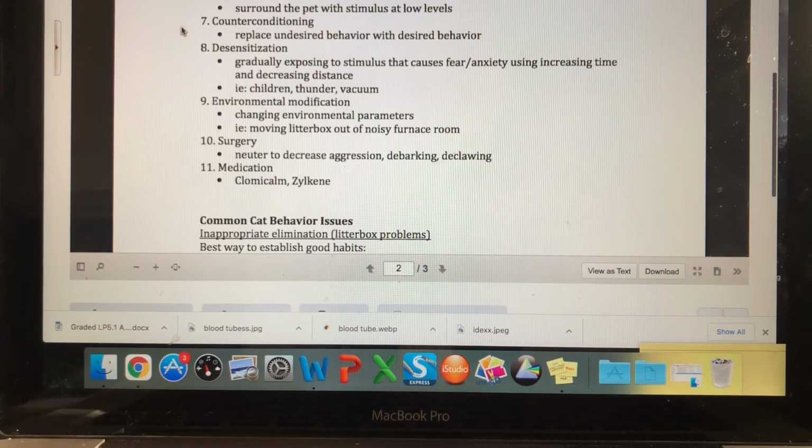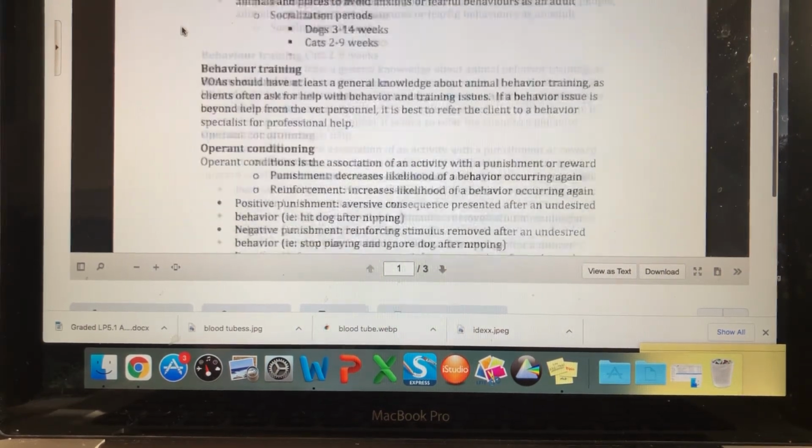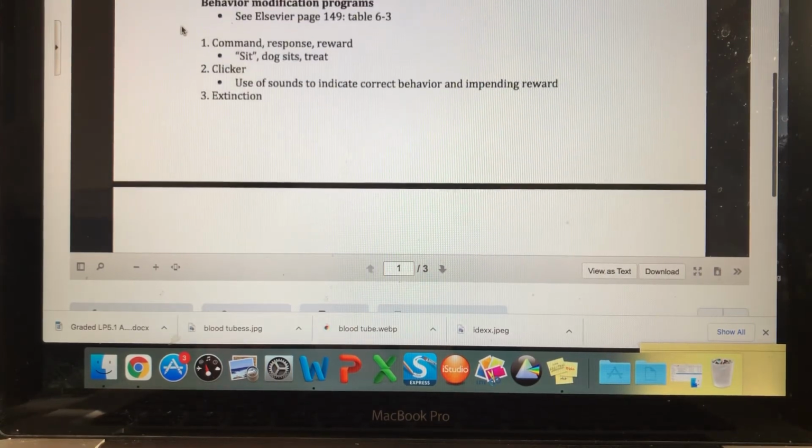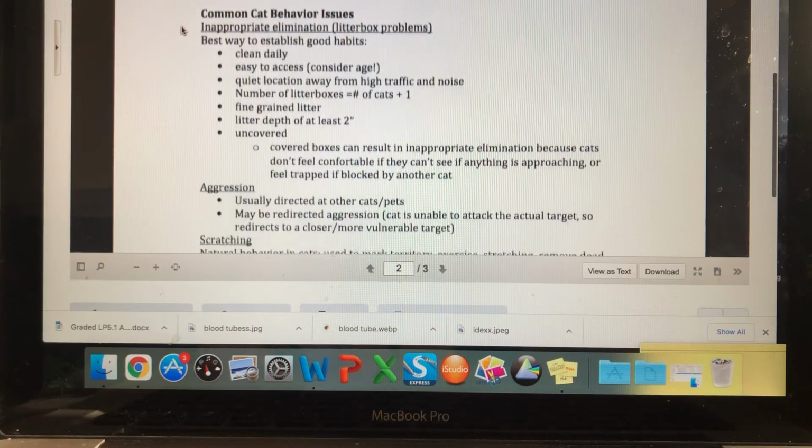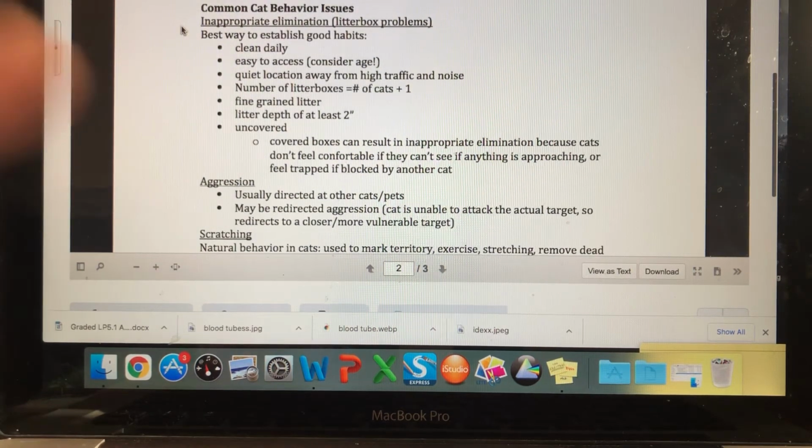There's also a bunch of different natural options, like homeopathic medications, that can be helpful with anxiety or fear issues in animals. Okay, so those are the 11 different behavior modification programs. Again, check in your textbook for a little bit more detail in the chart that's in the textbook.